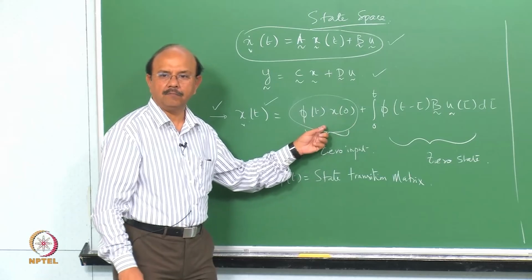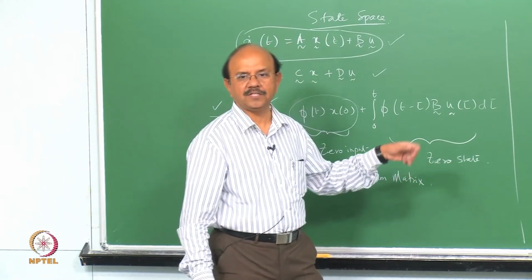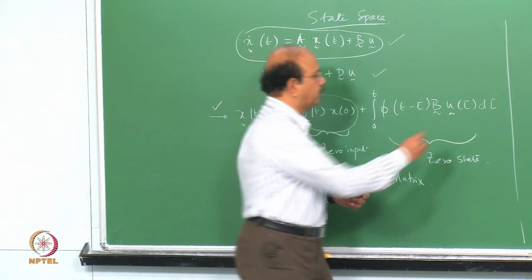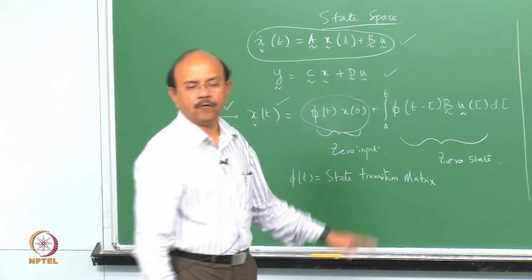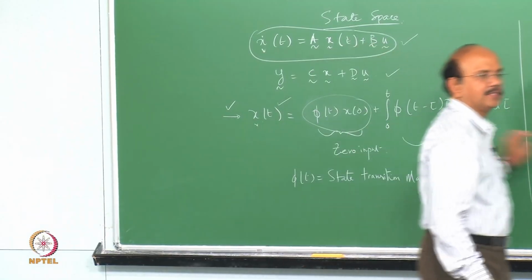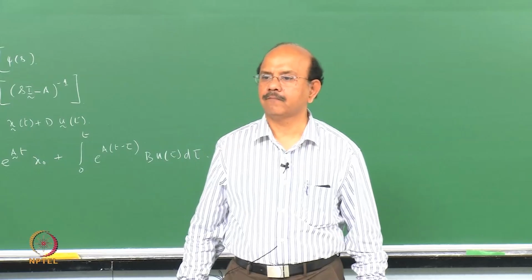And this is the 0 state term, in other words, this is due to the input u. So the response consists of the initial as well as the input conditions.